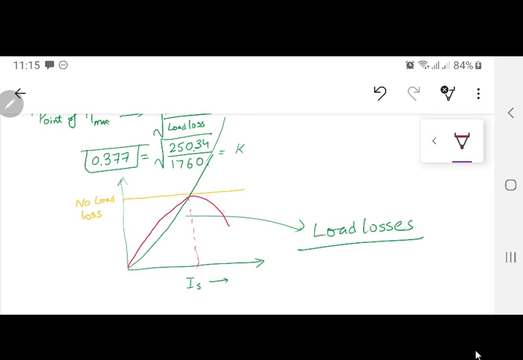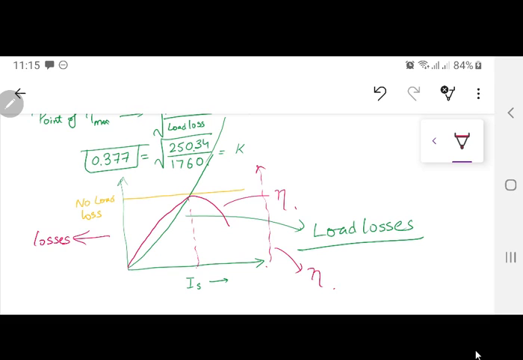So this curve is for the efficiency, and the other two curves are the no load loss and the load losses. On this axis I have the losses, and on another line here I have the efficiency axis.